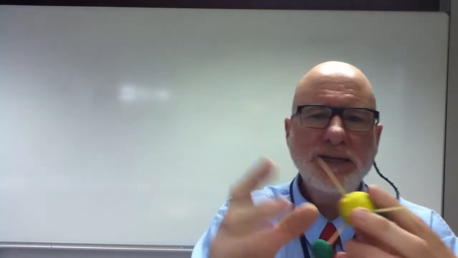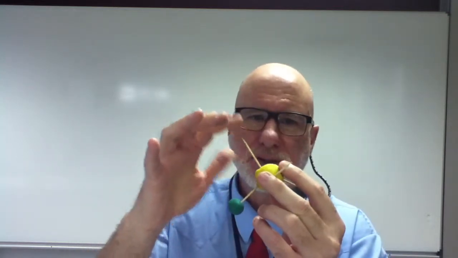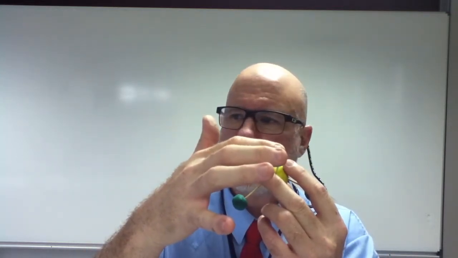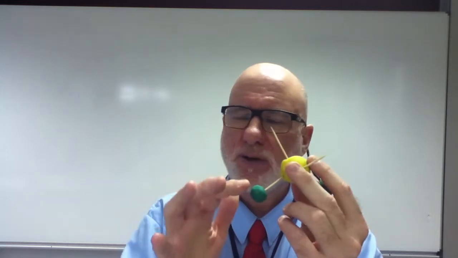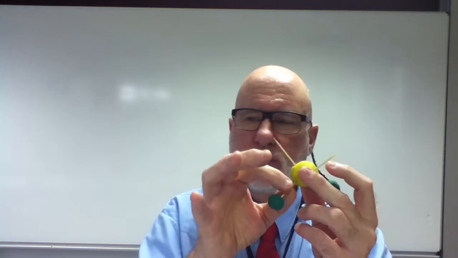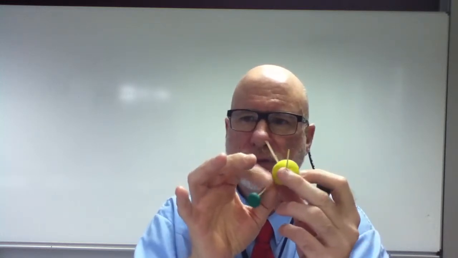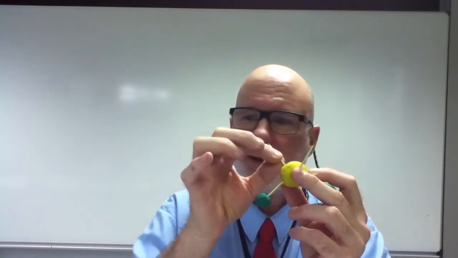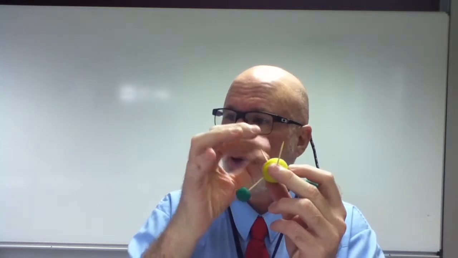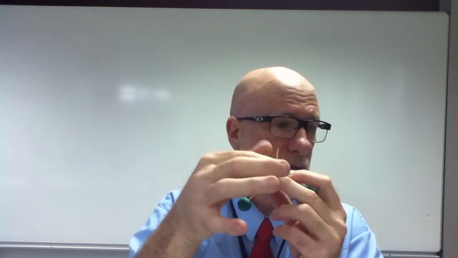Everything is 109, 105, etc. It looks like a diamond, okay? Where this is a pair of electrons, correct? That's going to be a hydrogen. So there are two bonds here, two covalent bonds, and then two unused, unpaired electrons.